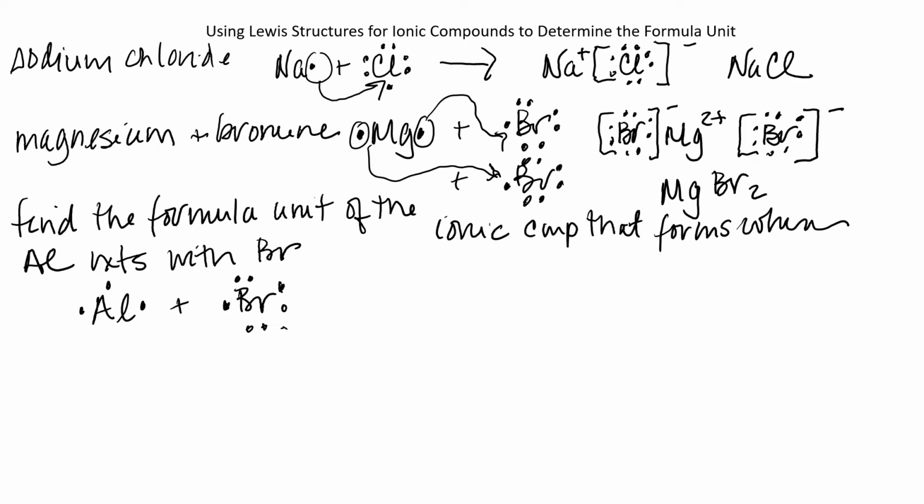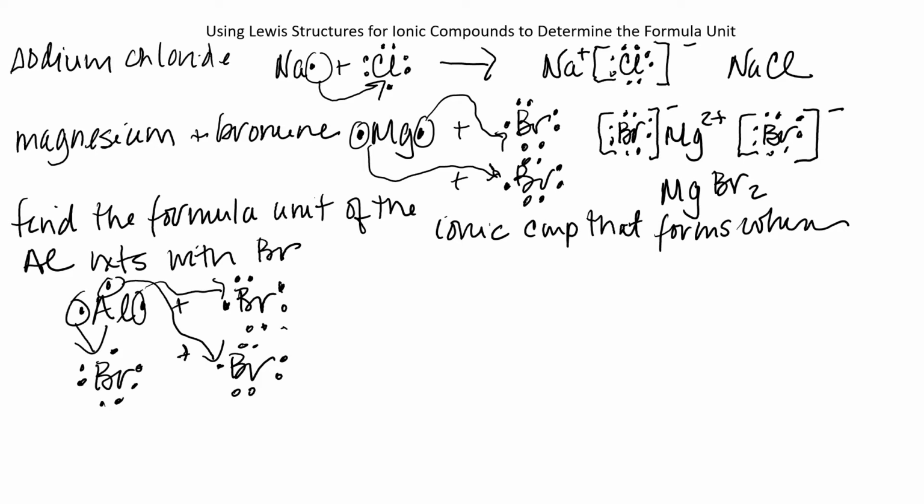Aluminum wants to give up 3 electrons, so that means we need a total of 3 bromine atoms, each of which will receive or accept 1 electron from aluminum.